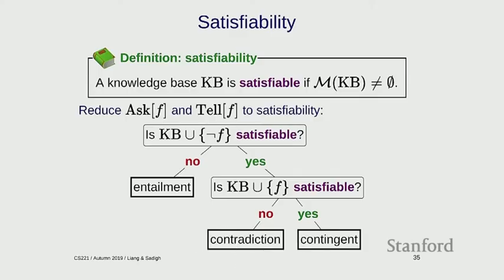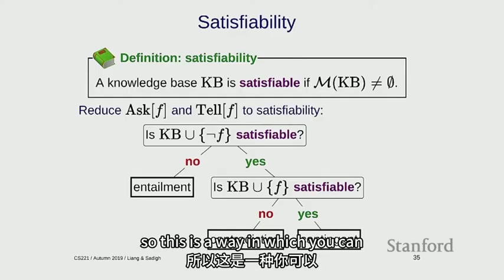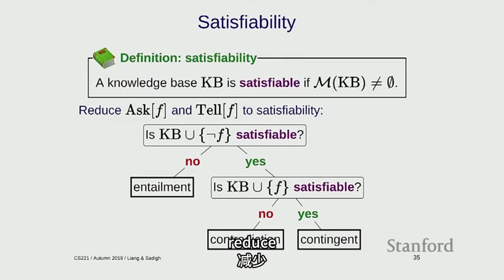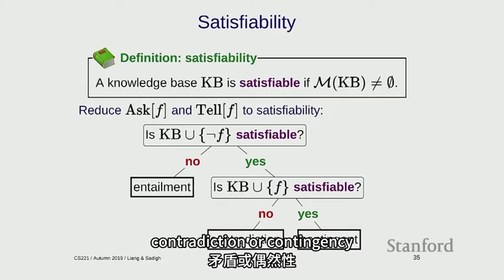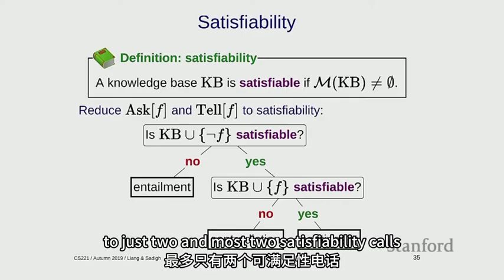So this is a way in which you can reduce answering ask and tell, which is basically about assessing entailment, contradiction, or contingency, to just at most 2 satisfiability calls.